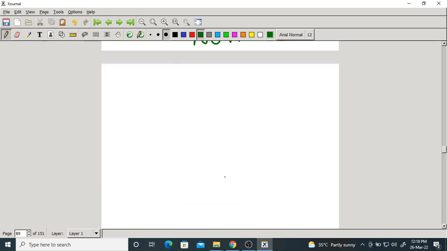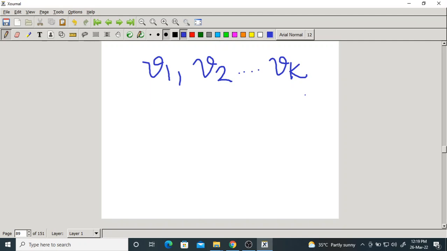Suppose let us take a simple example. We have a set of vectors v1, v2, so on, vk. When can you say they are orthogonal? Their dot product is 0. Vi dot Vj equals 0 if i is not equal to j.